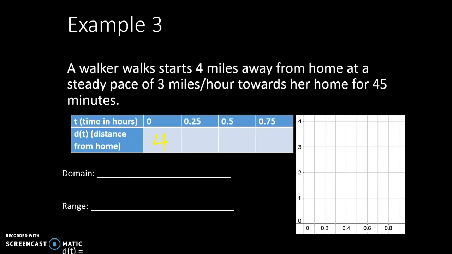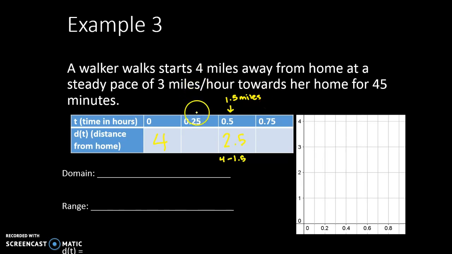She's only walking for 45 minutes, but she's going 3 miles an hour, which means that in half an hour, she's gone 1.5 miles. She's walking towards home, so she was 4 miles away, so she'll be 4 miles minus 1.5 miles away at half an hour, so she'll be 2.5 miles away from home at that point.